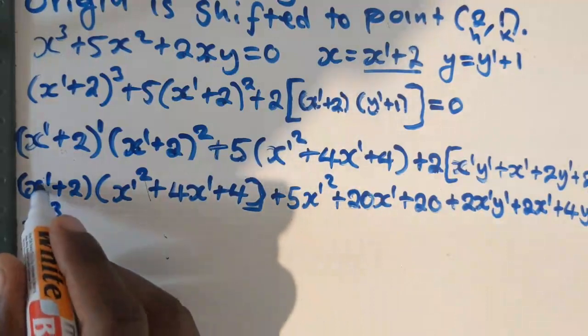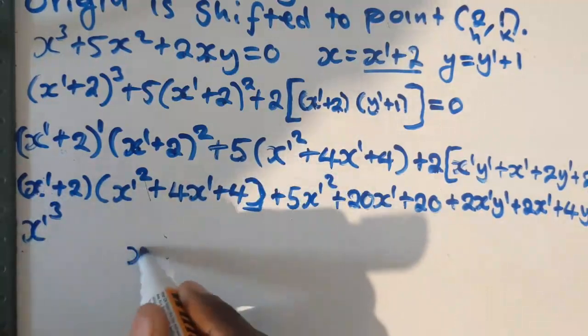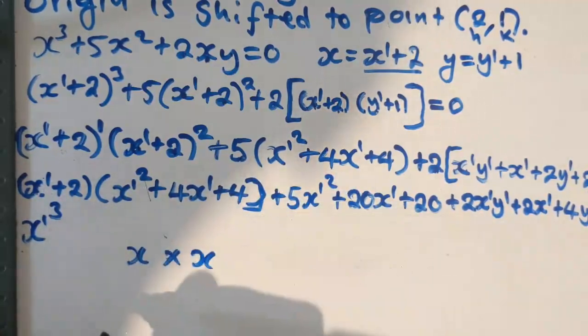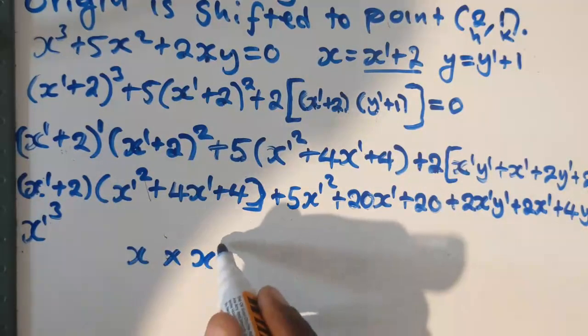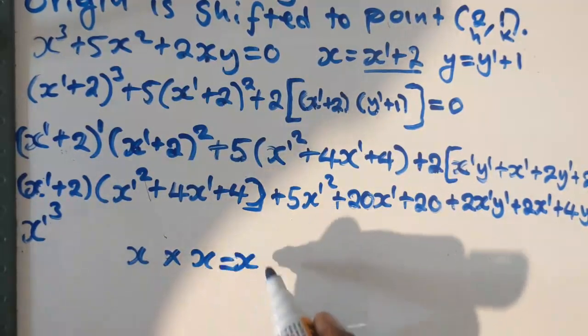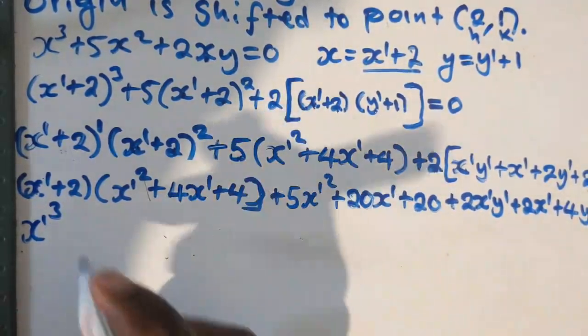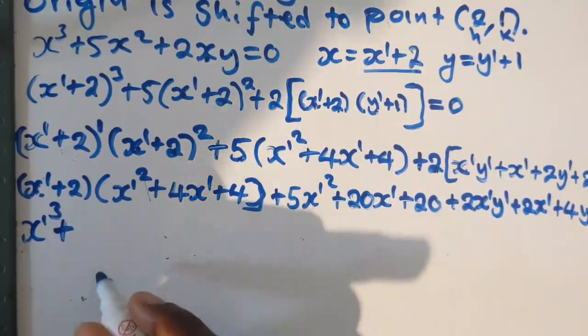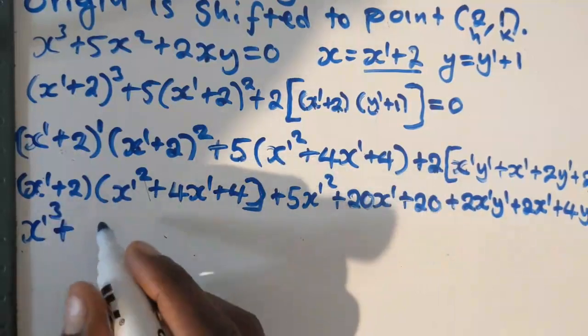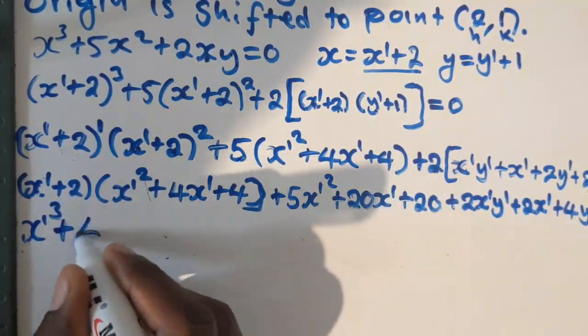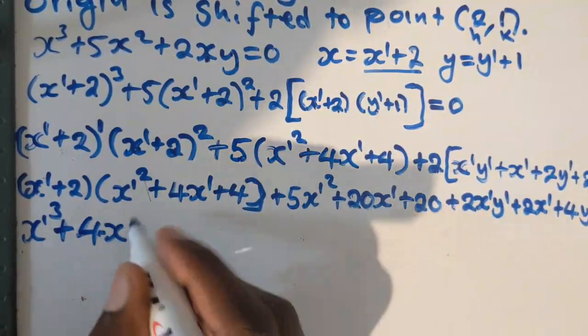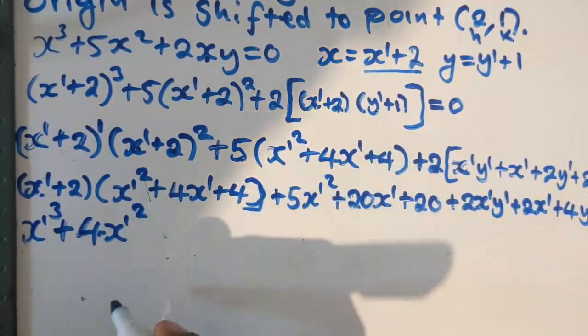So you're going to add the powers, because x times x means that you're going to have x squared. So you're going to have positive 4x prime to the power 2.